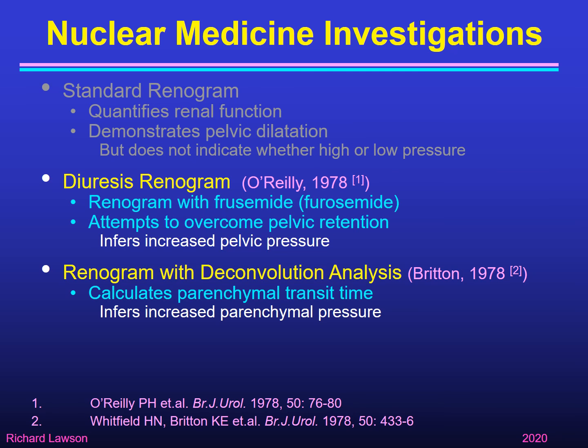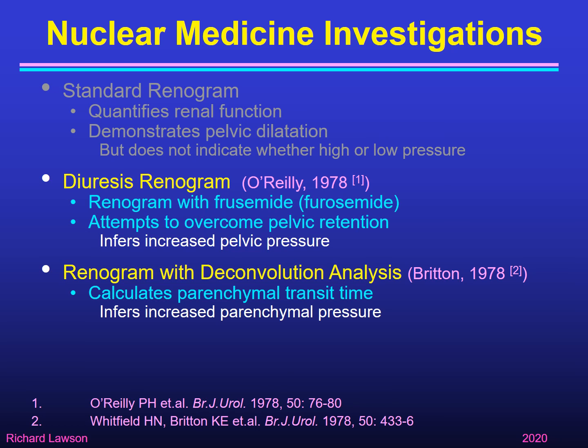But Britton at the same time developed the idea of applying deconvolution to the renogram. This is a mathematical technique which allows you to calculate the parenchymal transit time. This doesn't measure the pressure, but it also infers that if you've got a prolonged parenchymal transit time, then this implies that there is increased parenchymal pressure, and that is therefore an obstructed system.